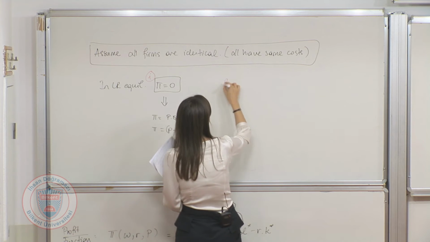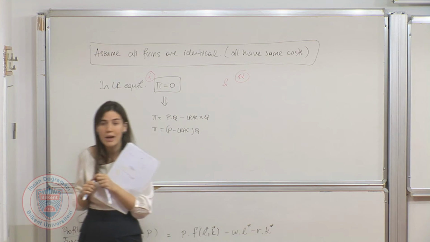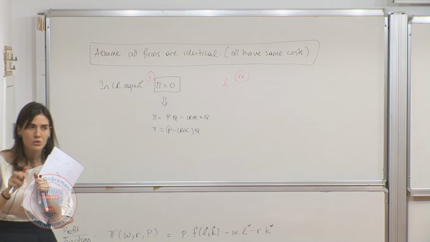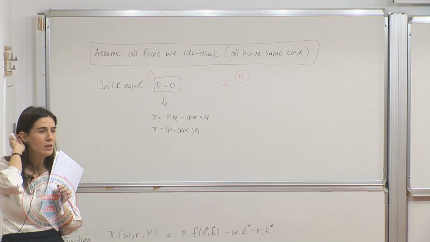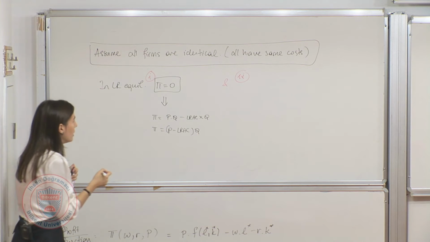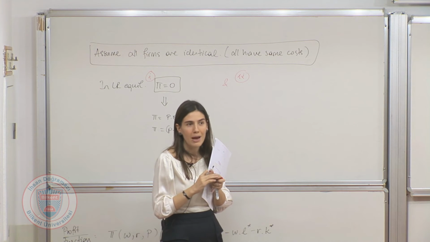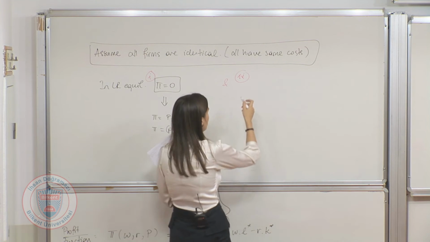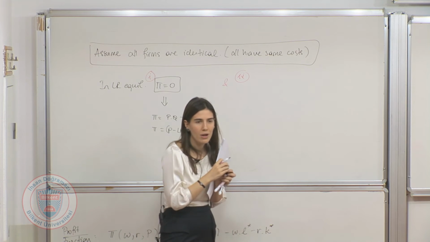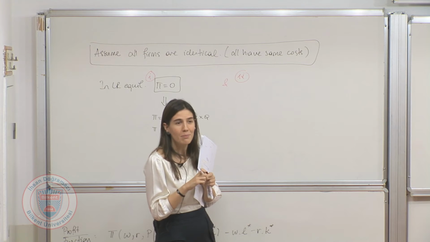But there's another thing. Don't forget that these are firms. They would like to maximize their profit, right? So they're not going to change that behavior. Therefore, they're going to act as if they're maximizing their profits. And what was the condition for that? For a price-taking firm, price should be equal to marginal cost, right?